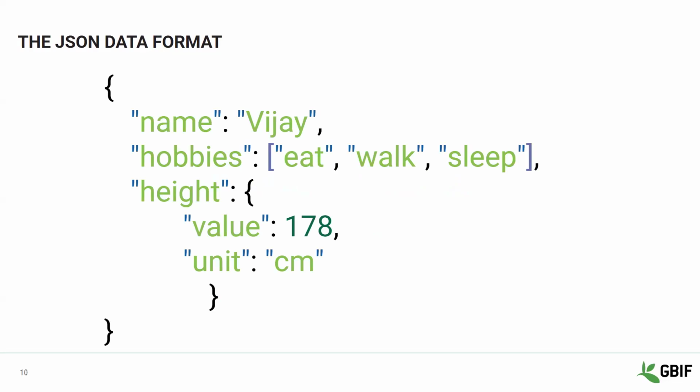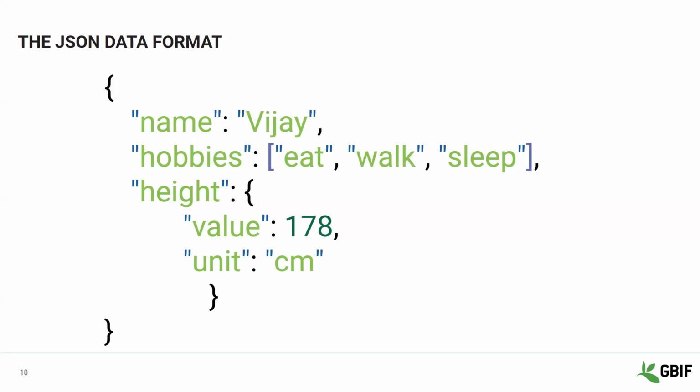Height is 178 centimeters. We can keep on building. We can say name, we can say family name, we can say country of residence, whatever we want to add. We can keep on adding and basically create a complex structure. This is the language that computer programs speak to each other. This is one of the languages. So JSON is one of the language standards.